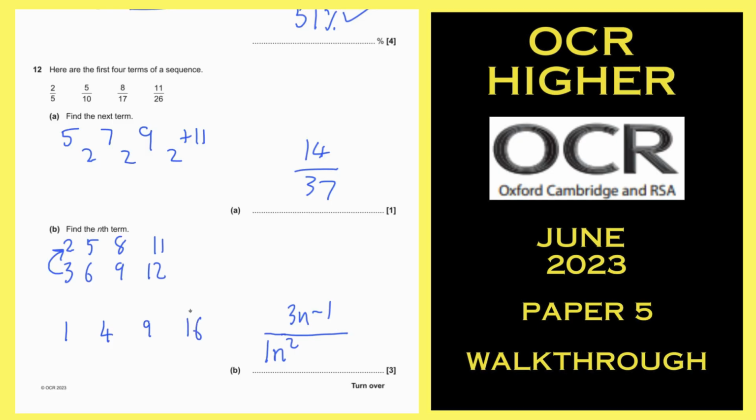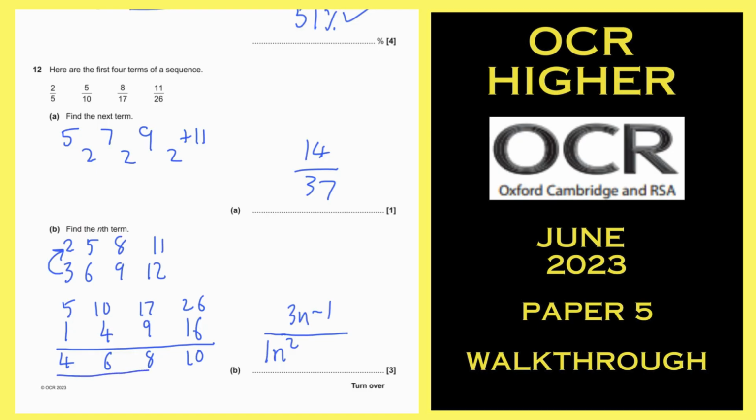And we are comparing that to the denominators of 5, 10, 17, and 26. If we do a subtraction, we take those away. 5 minus 1 gives us 4, 6, 8, and 10. You can see there is another sequence generated, and you just basically reboot.